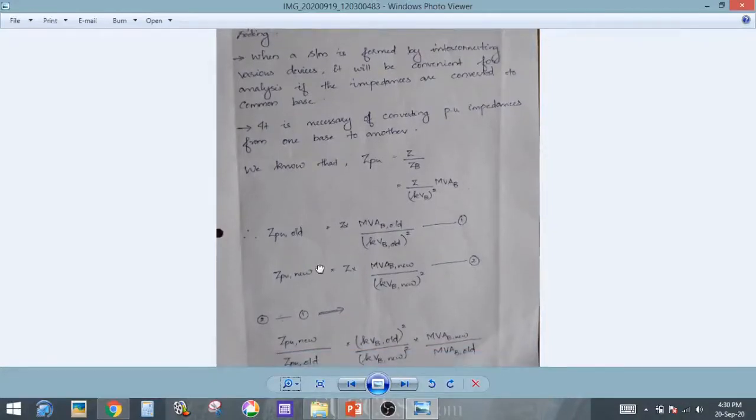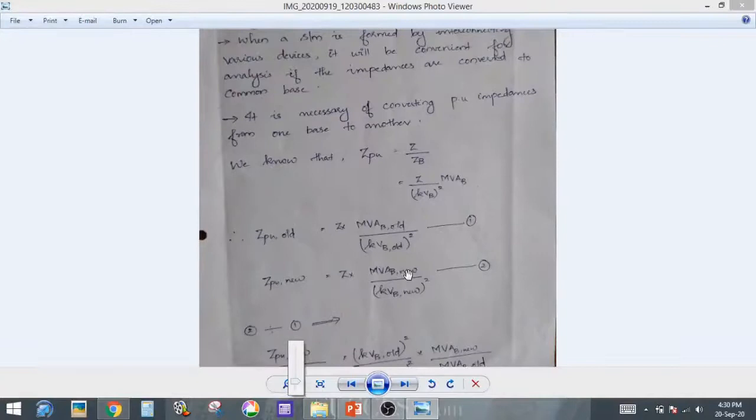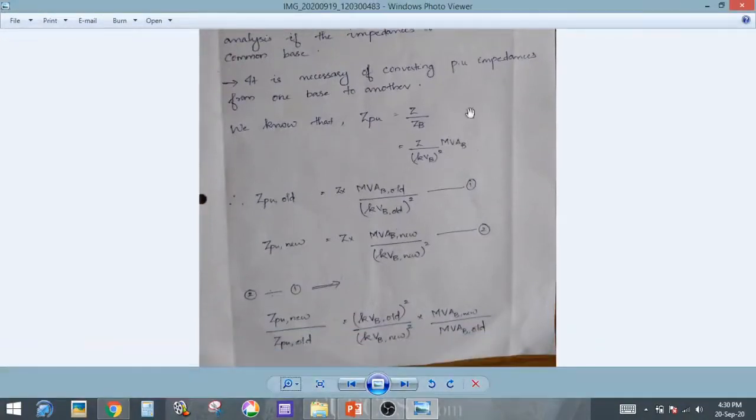Here we are considering two cases, ZPU old and ZPU new, that is the per unit value in the old base and the per unit value in the new base. So in this expression we can substitute ZPU old equal to Z into MVAB old divided by KVB old square, and ZPU new equal to Z into MVAB new divided by KVB new square. Dividing 2 by 1 gives ZPU new divided by ZPU old, and by simplifying we will get an important expression.